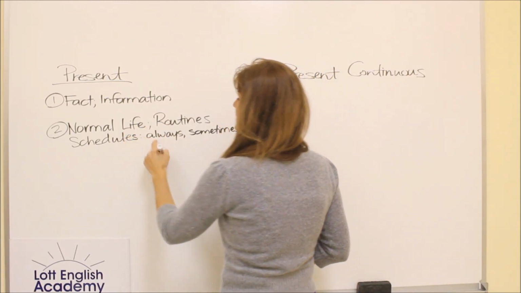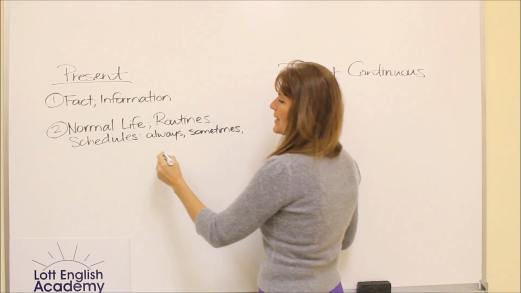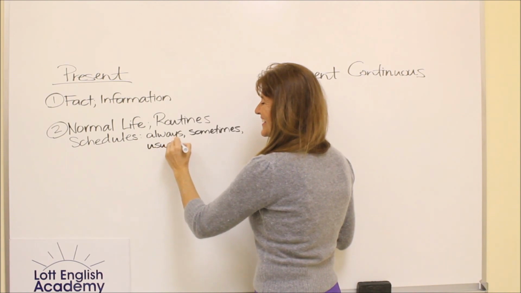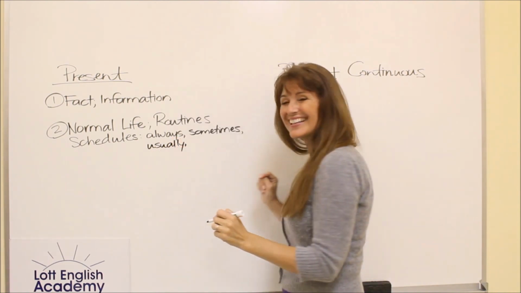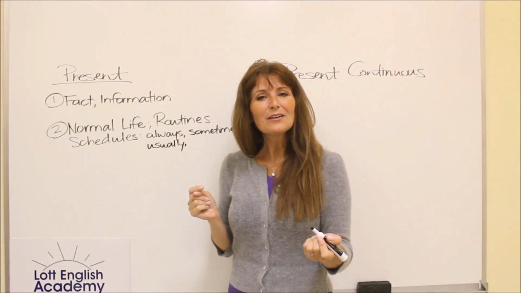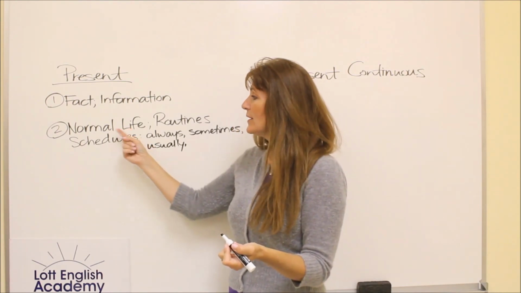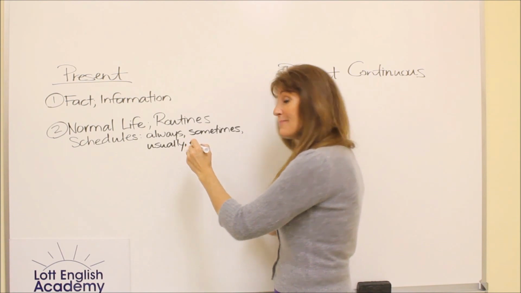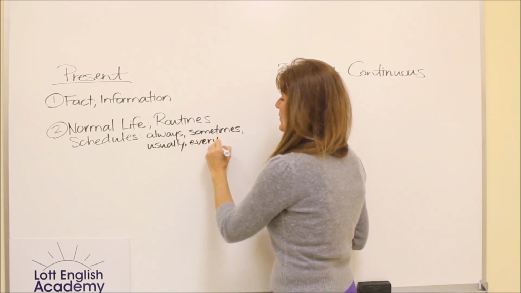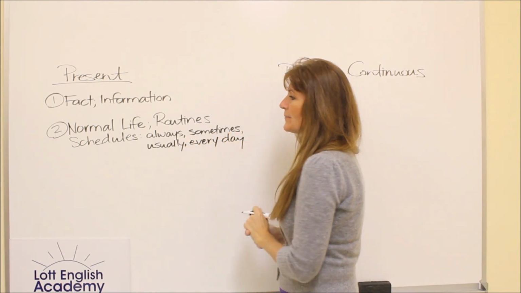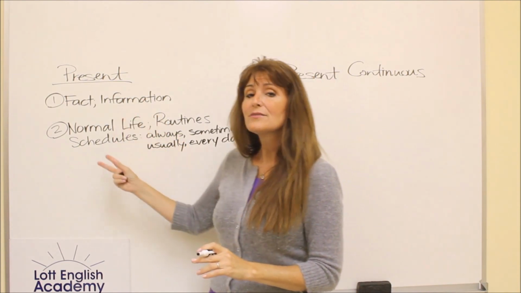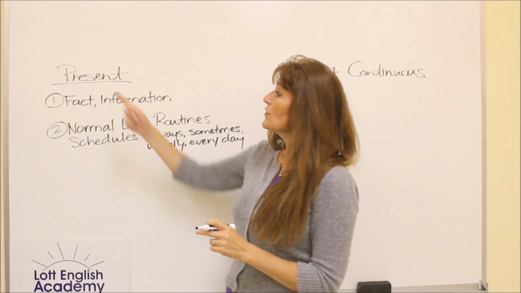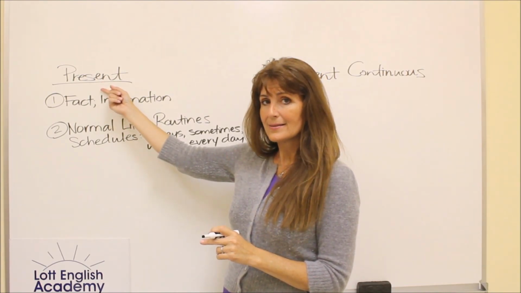What about another word here? Maybe usually? Can you think of any other words that would describe our normal lives? There are lots of them. Here's another example. You could say every day. So these kinds of situations are the situations where we are going to use the present tense.